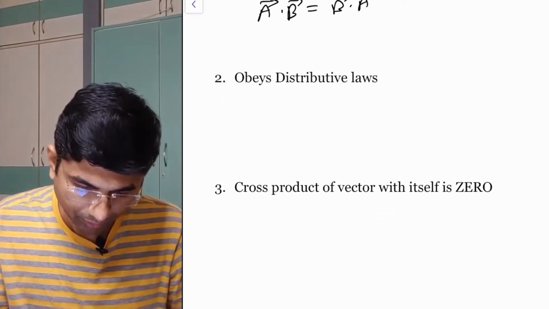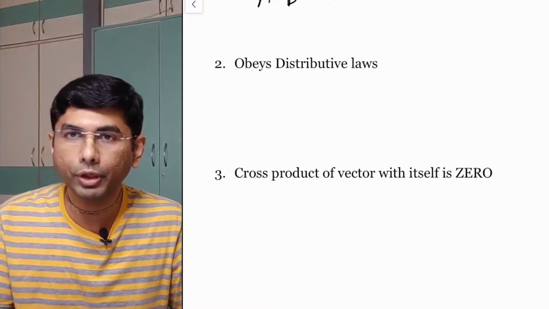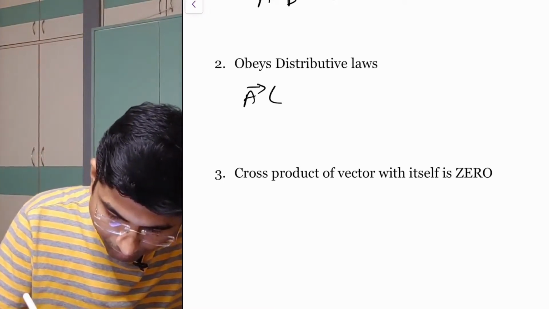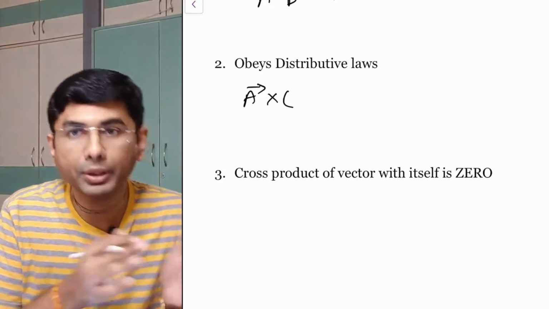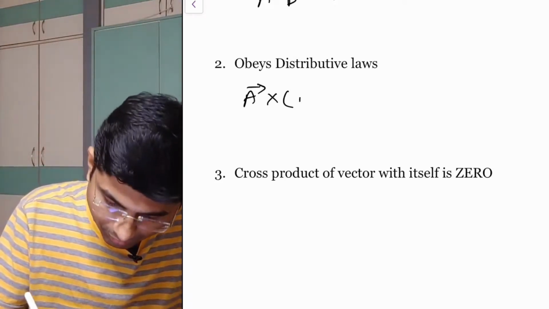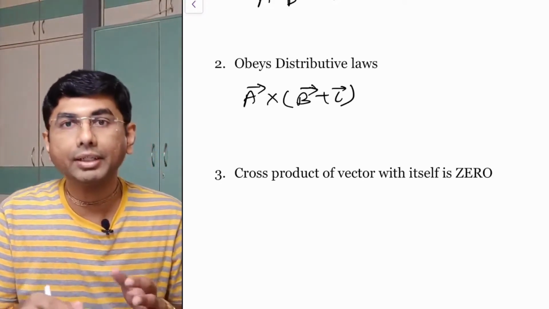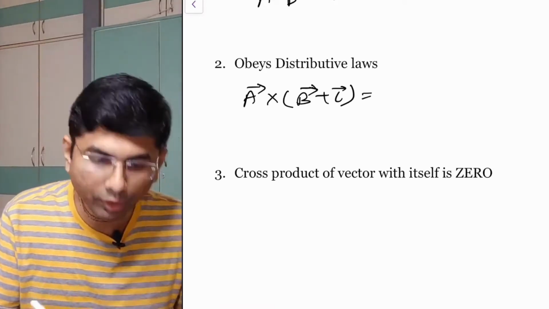Next thing, vector products obey the distributive law. What is the distributive law? Suppose we have A vector cross, in brackets, B vector plus C vector. Now this A vector is getting multiplied with another vector which is the addition of both vectors. Then I can distribute this A vector to both.